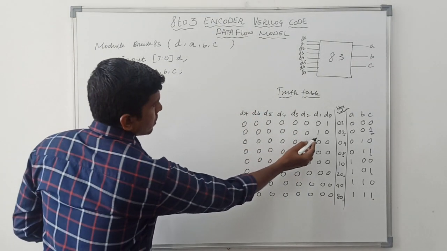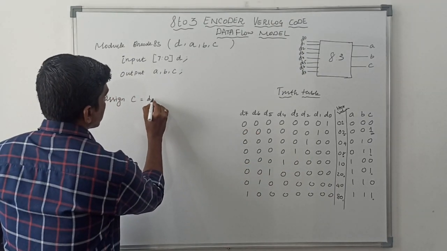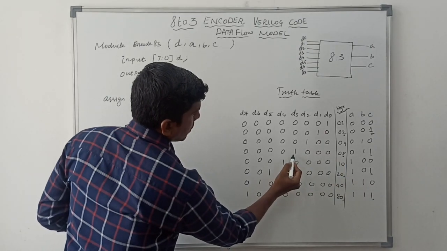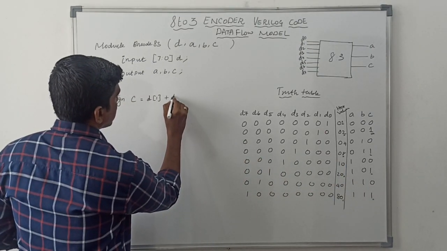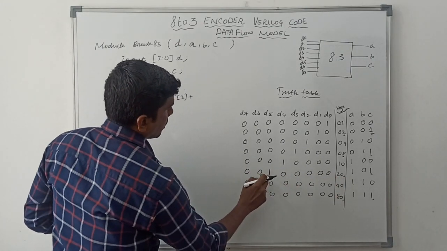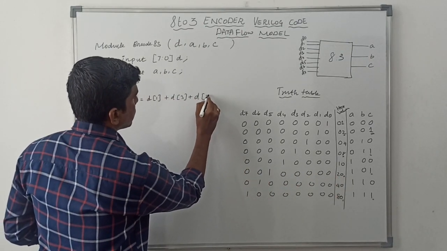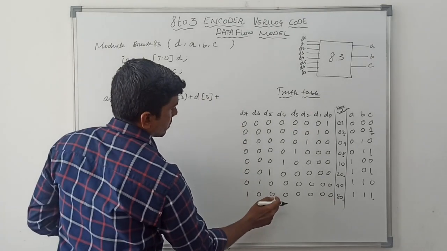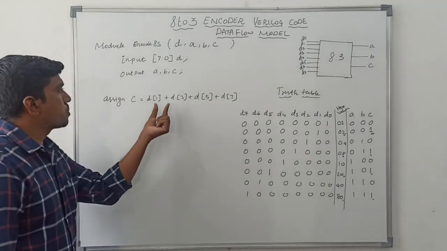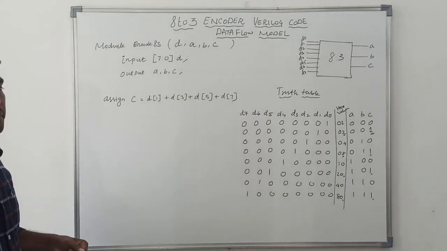So C equals D1 plus D3 plus D5 plus D7. So in these particular inputs only the C value is set to 1.